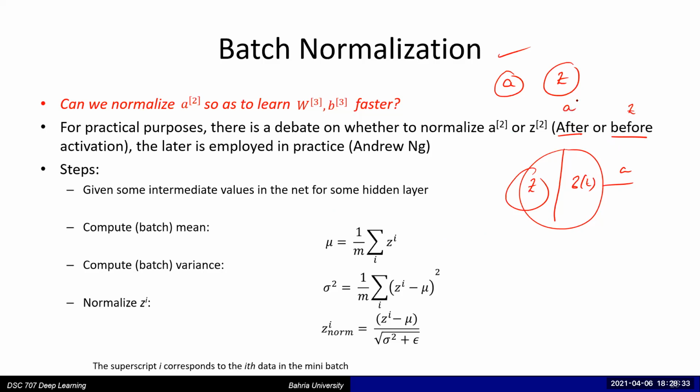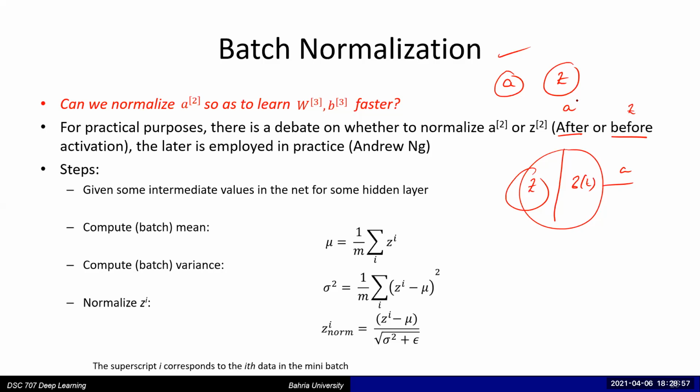There's no concrete rule of thumb, but many people prefer to apply normalization before the activation function. But there are papers in which you will see normalization applied after the activation function as well. So it's your choice. You can choose either of these. This is not something very critical.